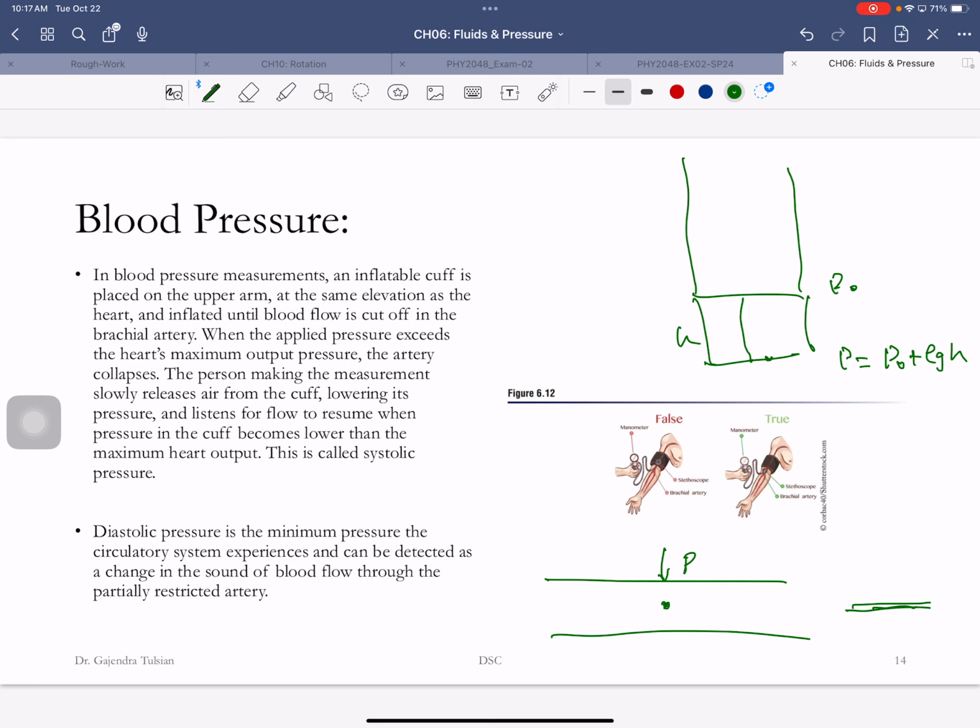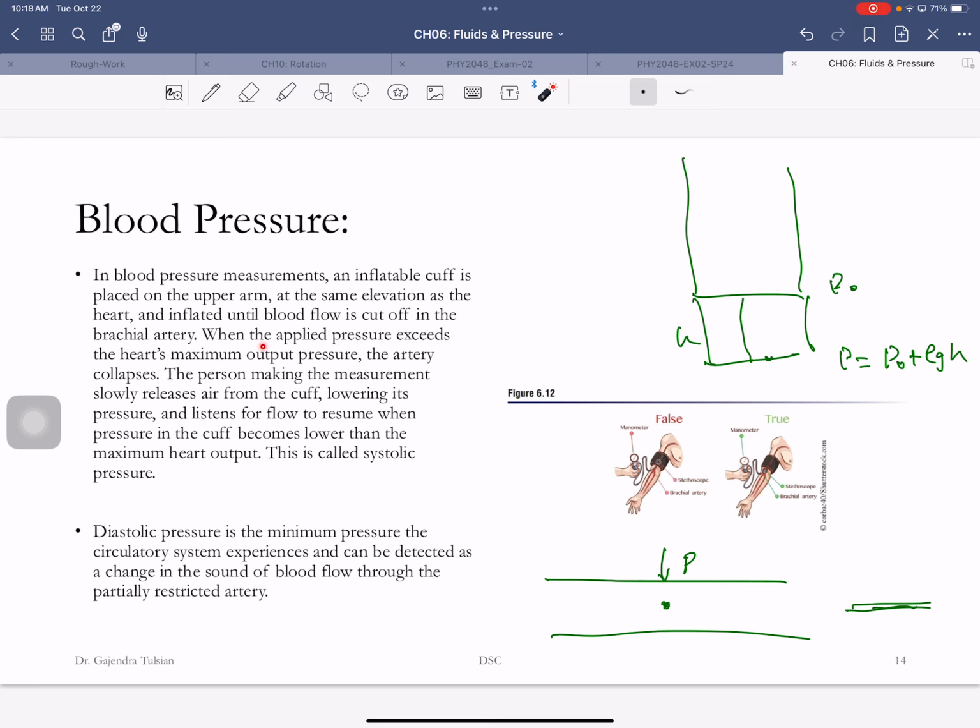You first make the artery collapse, and then you decrease this pressure, and the blood vessel opens up. When flow starts again, that's the highest pressure. When the applied pressure exceeds the heart's maximum output pressure, the artery collapses.